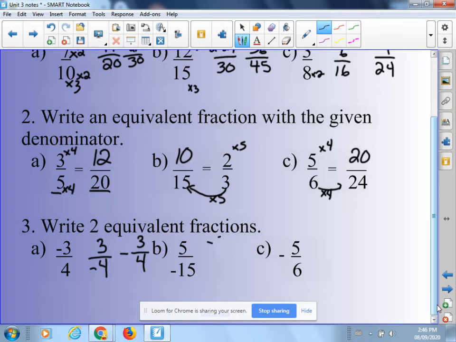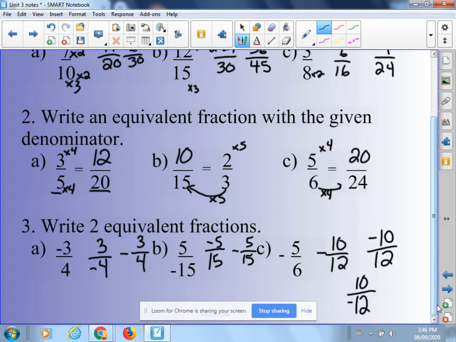So I can say that this negative 5 out of 15, I just traded the negative spot, or negative 5 to 15. If I want to switch it up, instead of doing that, I could say times 2, and it's negative 10 on 12 by times 2, or I can make the negative at the top, or I can put the negative at the bottom, and they would still also be equivalent.